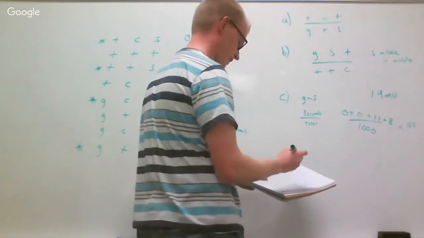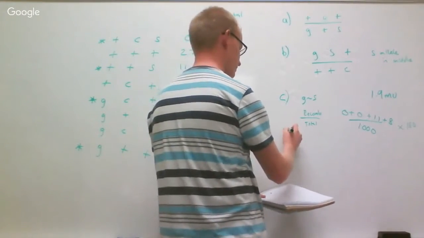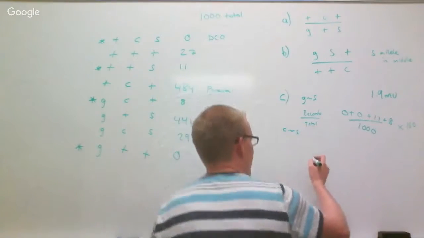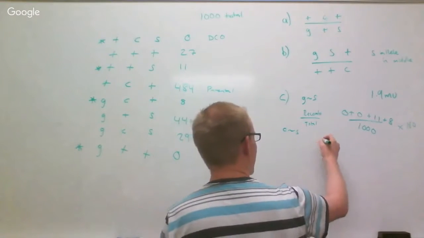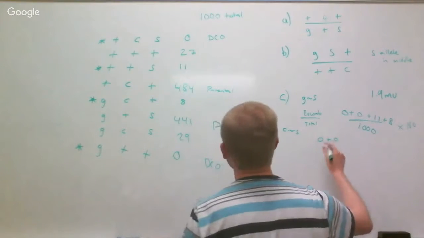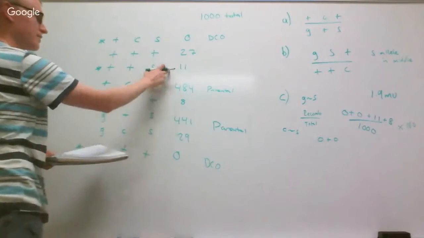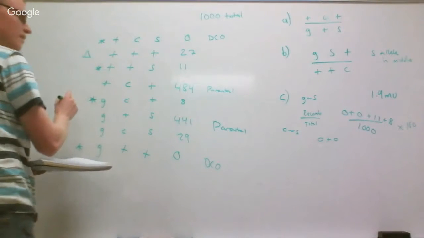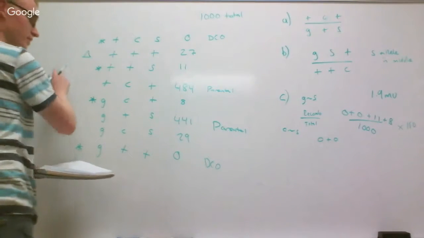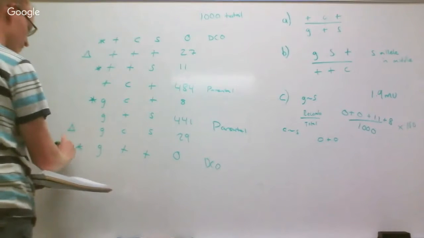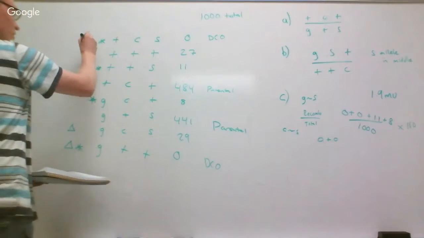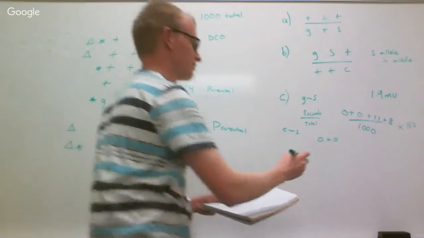And so now we're going to have to compare this next allele, the C and the S. And by the same equation, I'm not going to rewrite that. We'll go 0 plus 0. And the only ones left in this case, since we've taken care of these 8 and 11, we're going to look at that one, 27, this 29 right here. And again, both of our double crossovers.